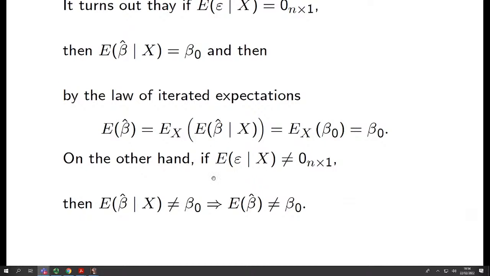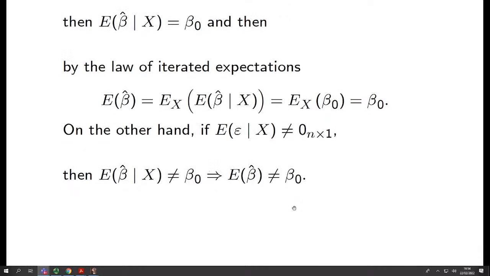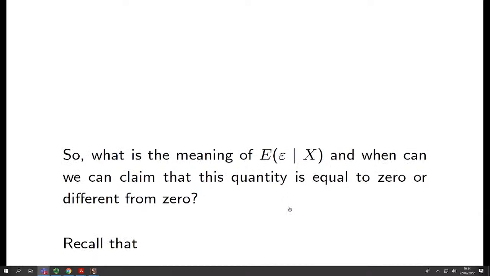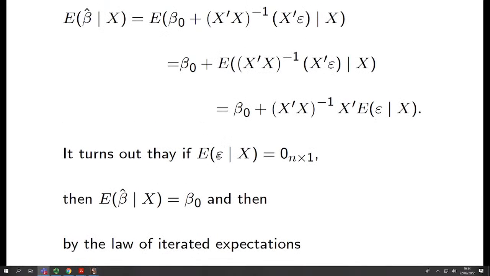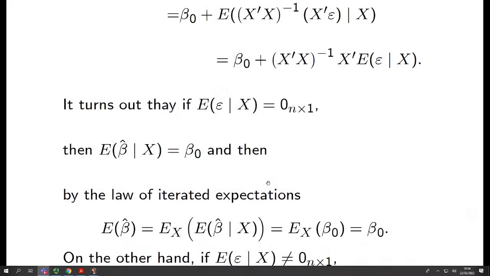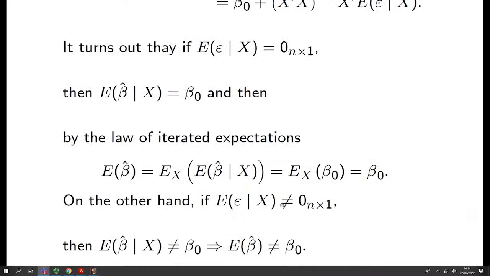And by the law of iterated expectation, I am in this position here. So summing up, it's very important to know when we can claim that this term is equal to 0 and when it is different from 0. That makes the difference.